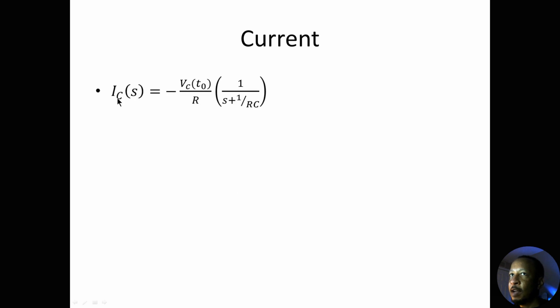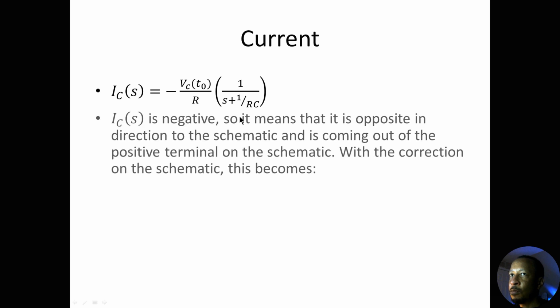And so now IC of S is equal to negative VC of t sub 0 divided by R times 1 over S plus 1 over RC. So IC of S is negative, so it means that it is opposite in direction to the schematic and is coming out of the positive terminal on the schematic.